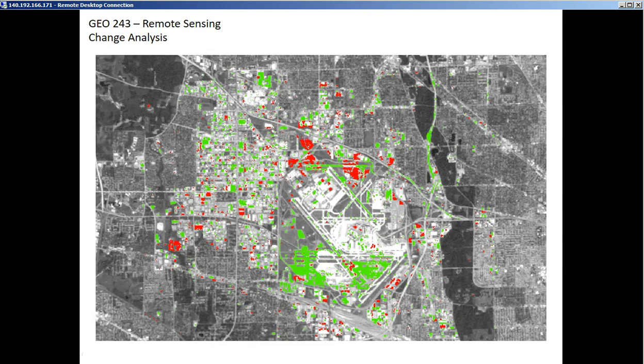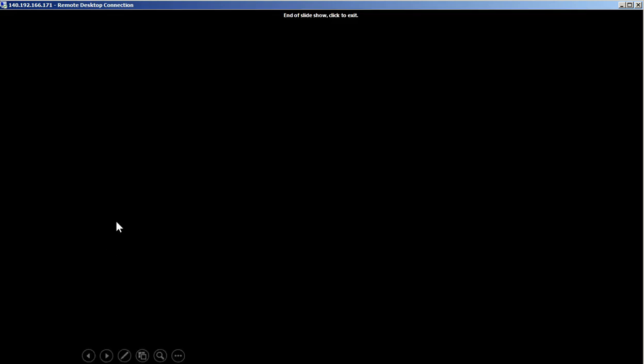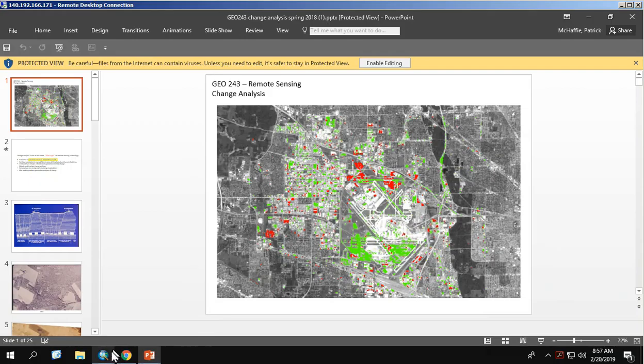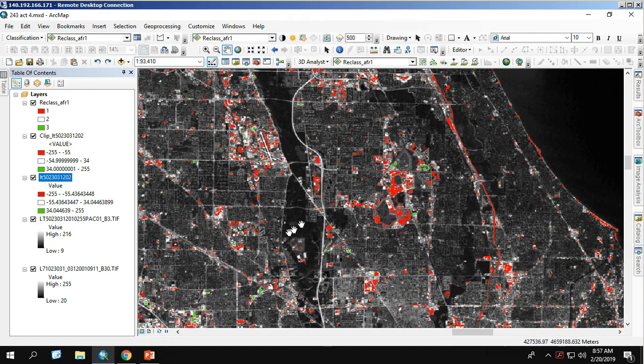Very powerful tool. And again, I'm going to show you just a little bit of an activity 4 that I'm working on, because I always work on these as you're working on them. Here's my activity 4. You can see I have channel 3 in 2001 and channel 3 in 2010.